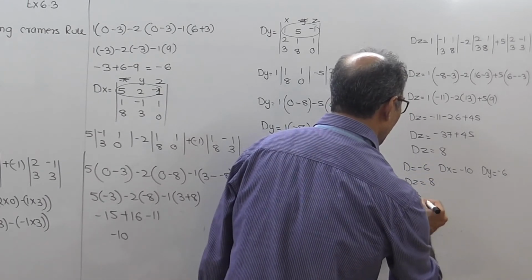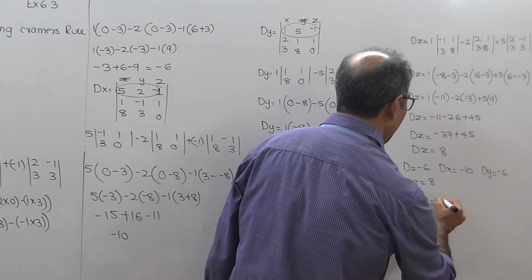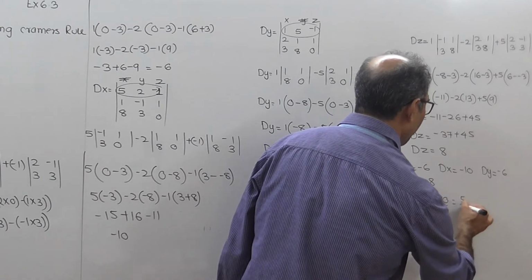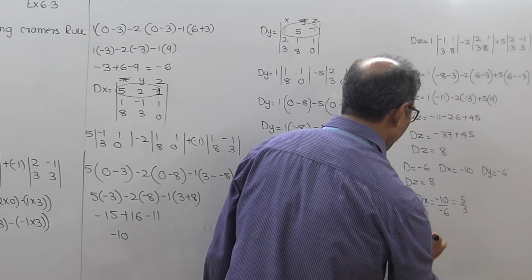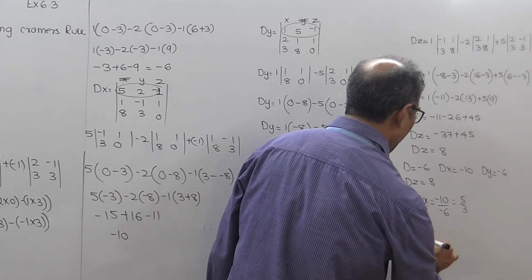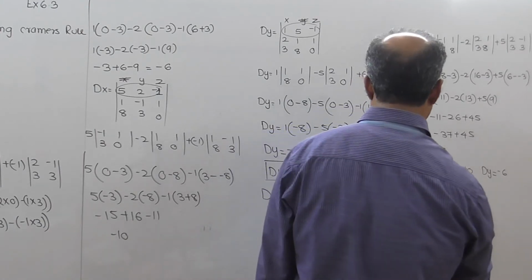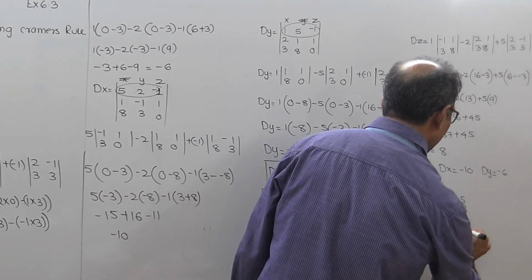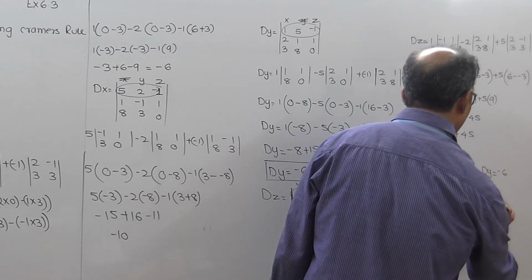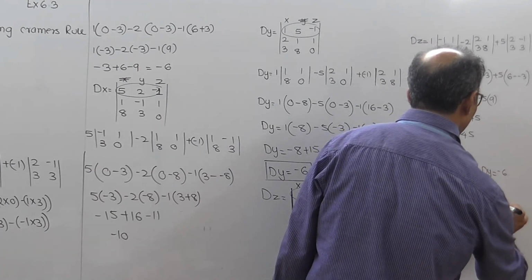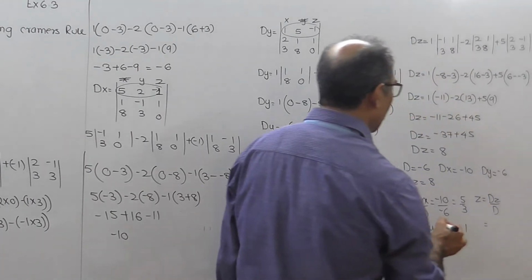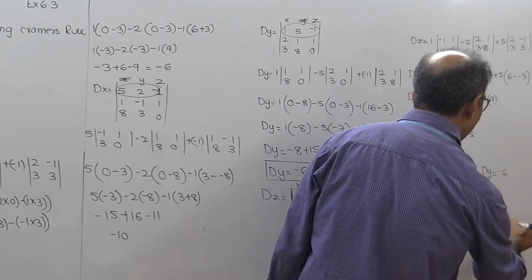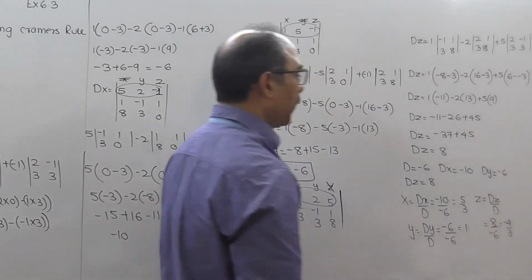So my x will be equal to dx upon d, which is equal to minus 10 upon minus 6, which is nothing but 5 by 3. My y will be equal to dy upon d, minus 6 upon minus 6, I think the answer is positive 1, and z equal to dz upon d, dz is 8 upon d will be minus 6, the answer will be minus 4 by 3.